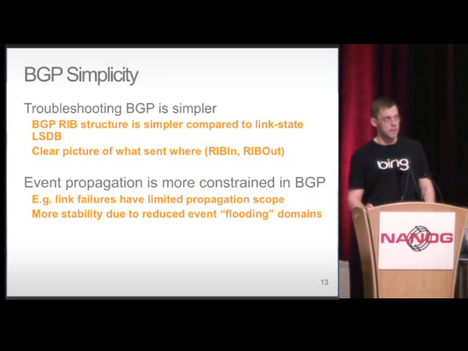Thirdly, trying to troubleshoot BGP is generally more simple. Basically because BGP has just a single local RIB table, and if you take OSPF or ISIS, you have a link state database, which has to be translated into the routing table using SPF calculations.